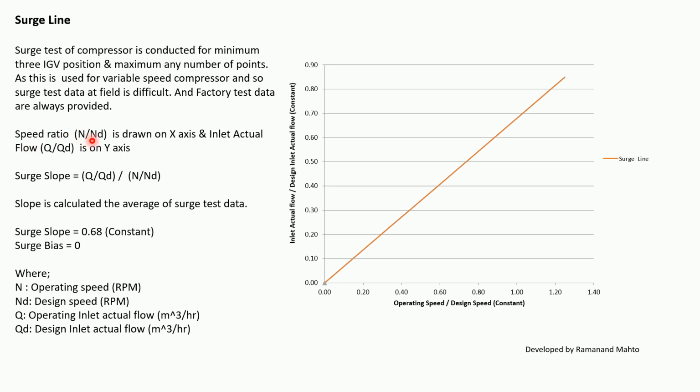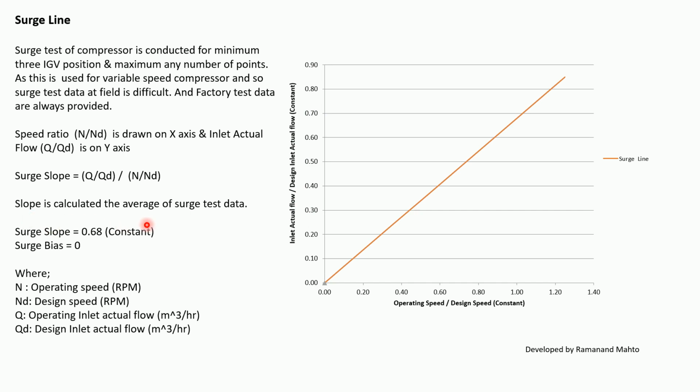The speed ratio N by ND is drawn on the x-axis and inlet actual flow Q by QD is on the y-axis, where N is the operating speed in RPM, ND is the design speed in RPM, Q is the operating inlet actual flow rate in meter cube per hour, and QD is the design inlet actual flow in meter cube per hour. Inlet actual flow rate upon design inlet actual flow rate is the y-axis.